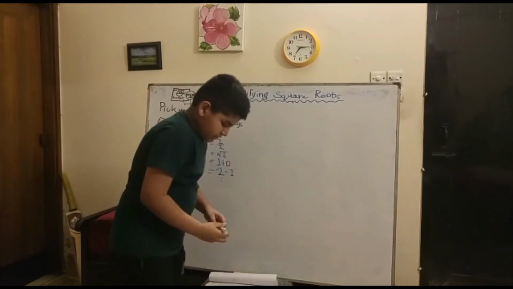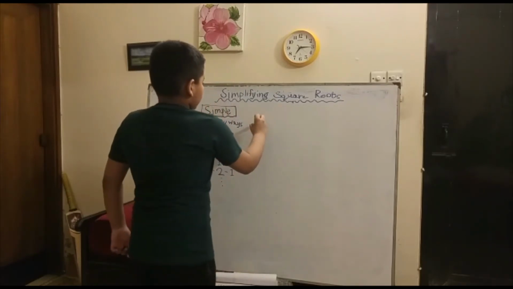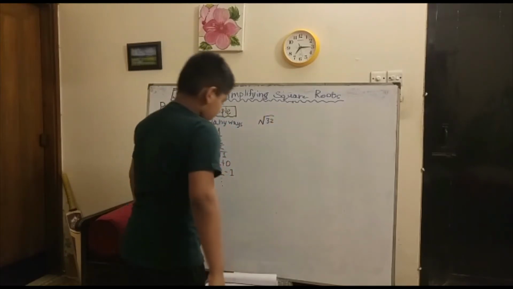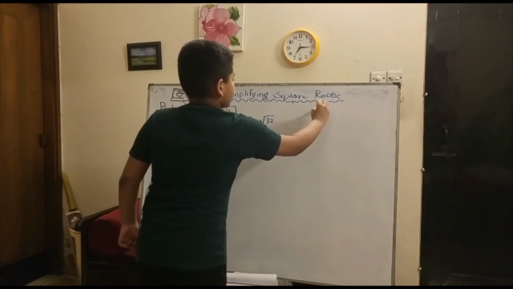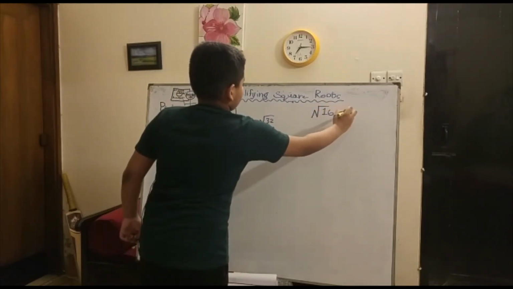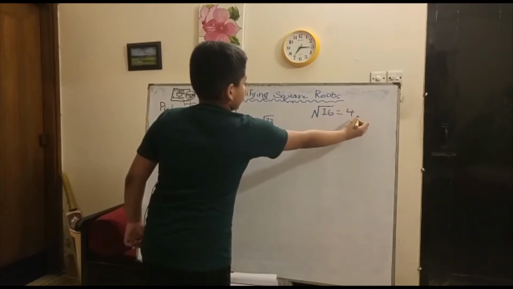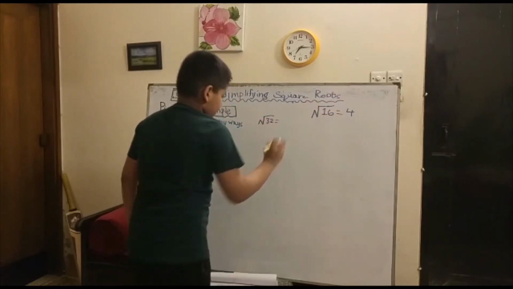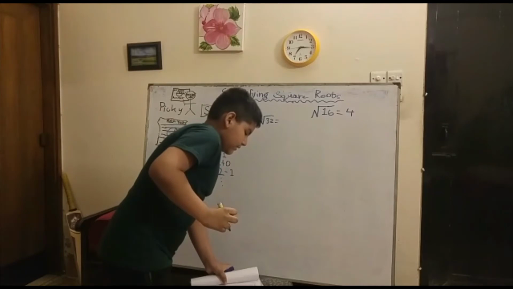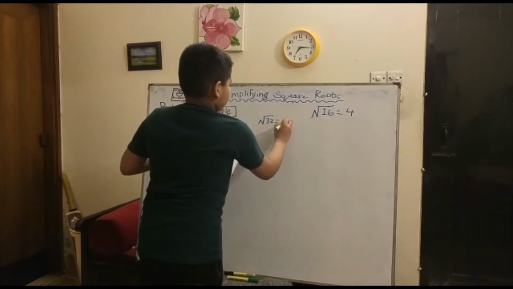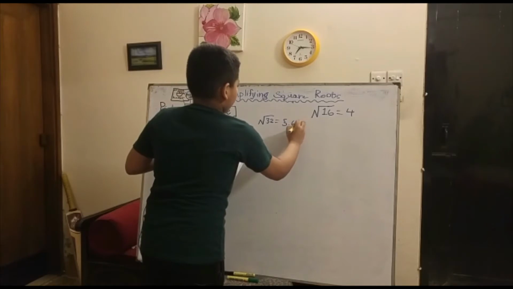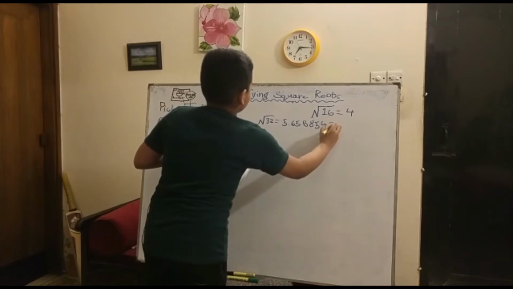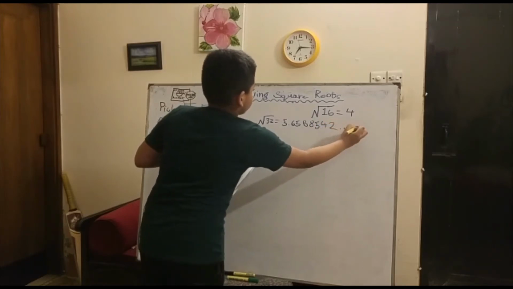Let's suppose we have the square root of 32. Now, unlike the square root of 16, which is a perfect square, so you can get it into a whole number, the square root of 32 will be more like 5.656854 and keep going on forever.